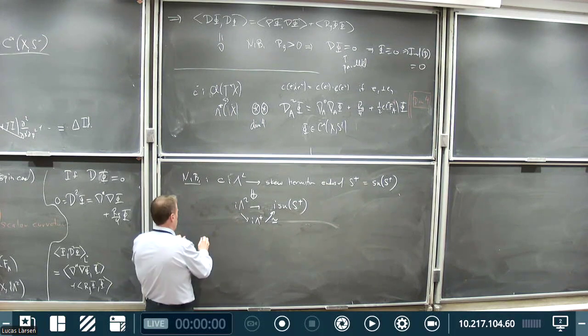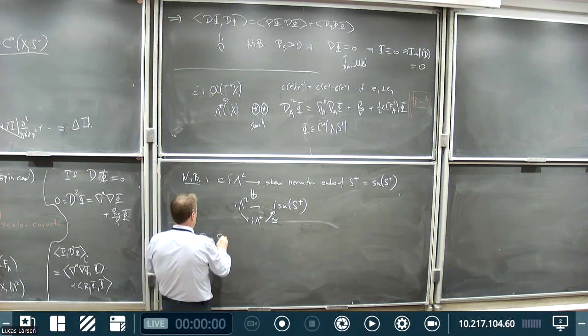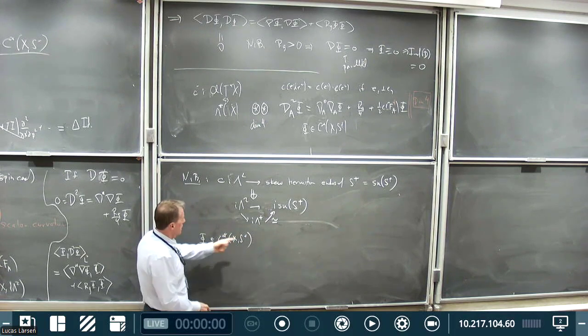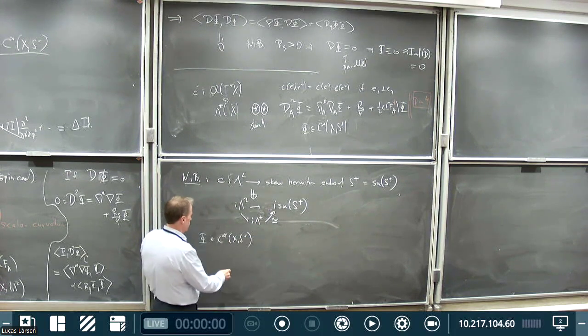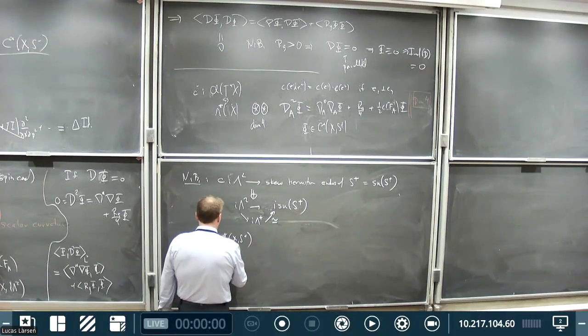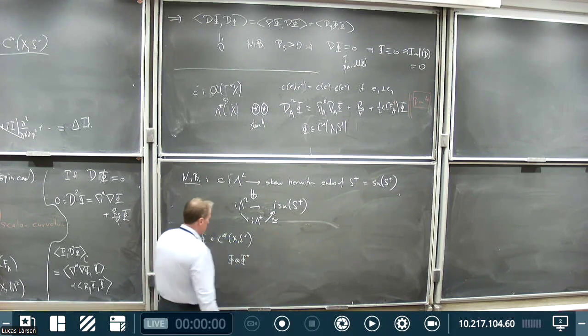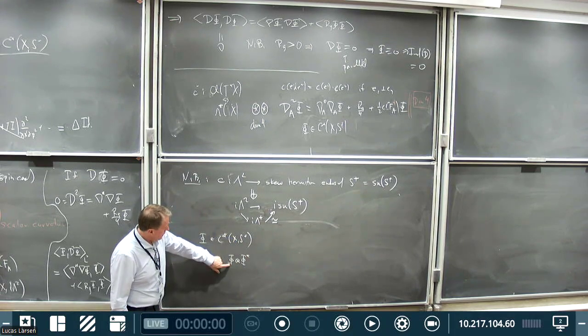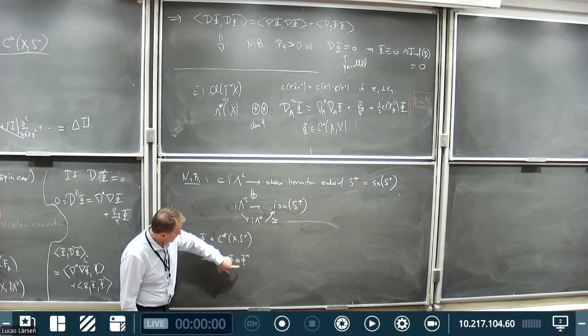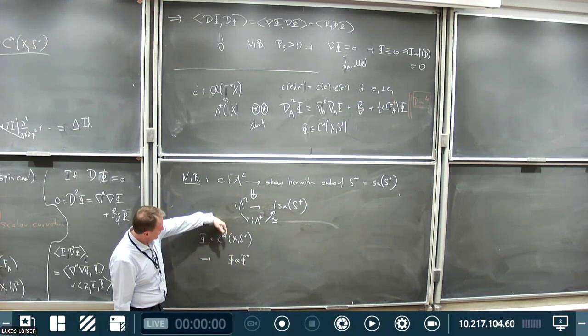If I have phi, a section of S plus, I can construct another Hermitian endomorphism of S plus, in fact a skew Hermitian endomorphism. I can think of phi tensor phi star as an endomorphism of S plus.